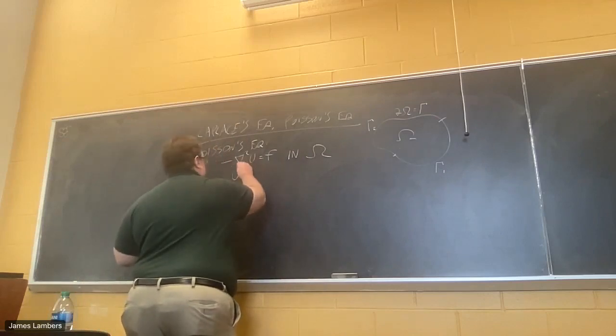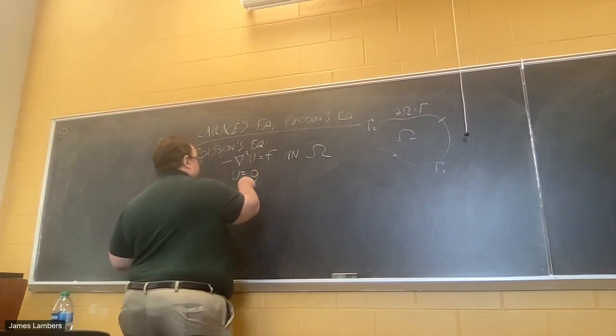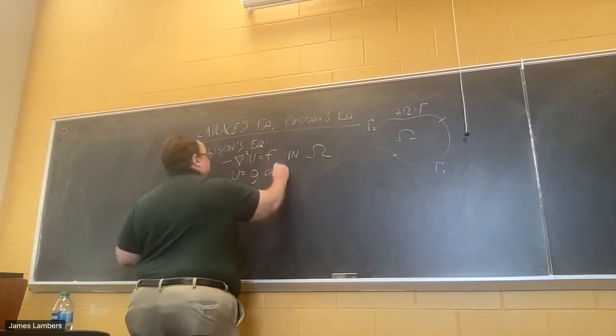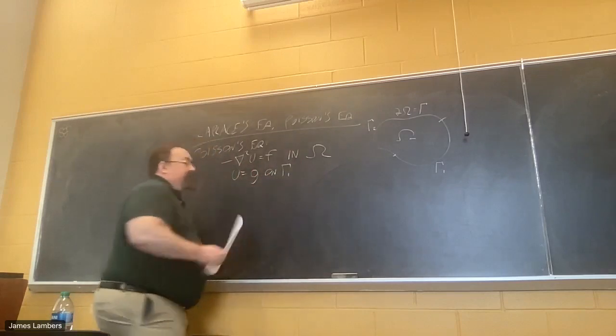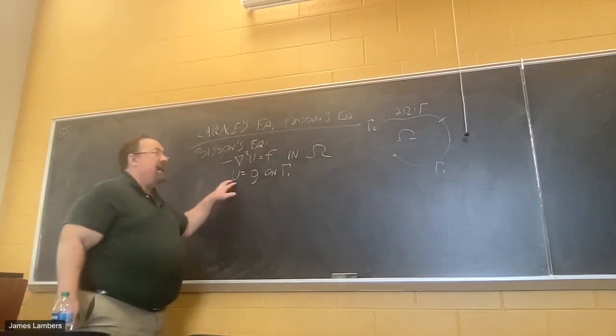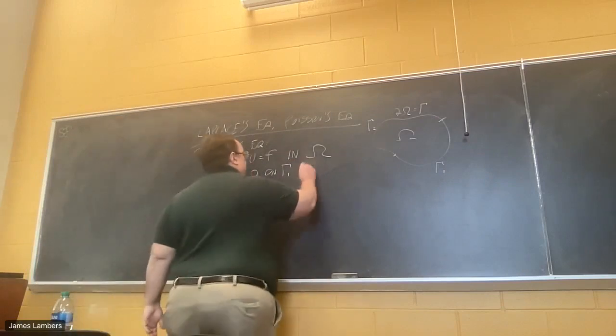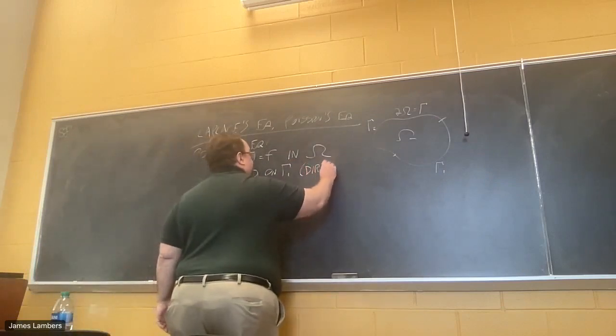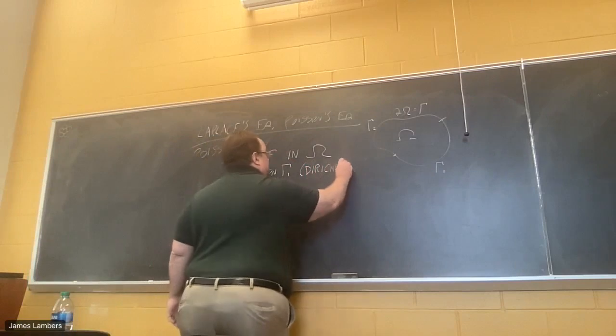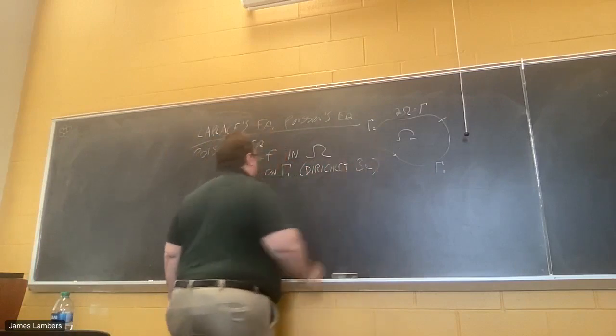So we have u is required to be equal to some given function g on gamma 1. So when you specify the value of a solution at a boundary point, that is what's called a Dirichlet boundary condition.